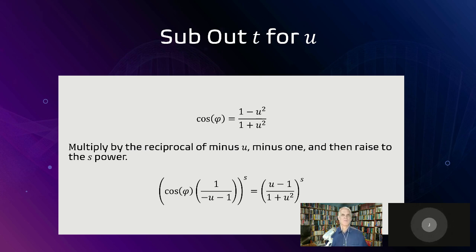Anyway, cosine of an angle equals the substitution. Now we multiply by the reciprocal of minus u, and this is in the paper, the longer form, and multiply by the reciprocal of minus u, minus 1, and then raise to the power of s. We did additional steps in between in the paper, but for what we're doing, we're just going to skip to that, and that generalizes this.